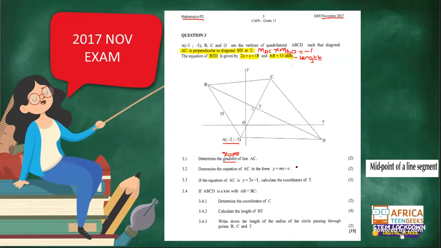From our knowledge, to calculate the gradient of a line we need change in y over change in x.